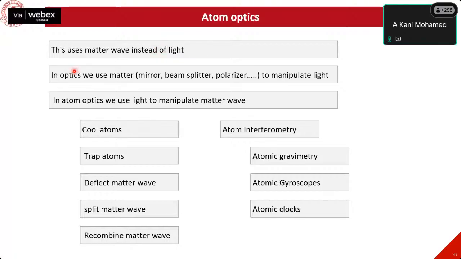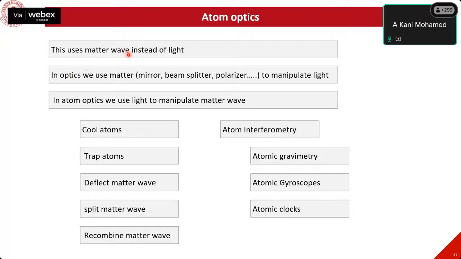In optics, we have many optical elements, like mirror, lens, beam splitter, polarizer. These are the optical elements that we use to redirect, recombine, or split light, to make an optical interferometer, or to manipulate the light and its directions. So these are optical elements made of matter that are used in optics to make an optical interferometer.